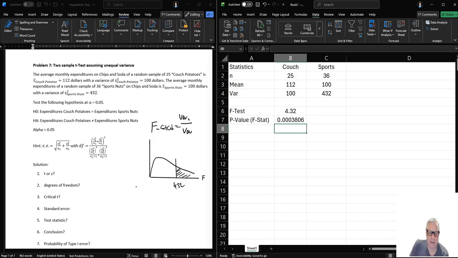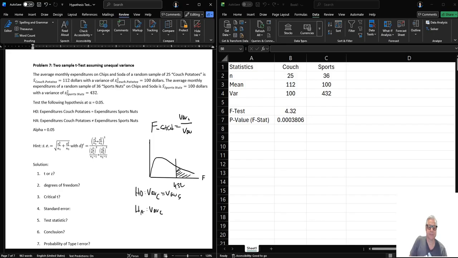Again, in an F-test, the null hypothesis is that the variance of the couch potatoes is the same as the variance of the sports nuts. And the alternative in a two-tail test is that the variance of the couch potatoes is unequal to the variance of the sports nuts.